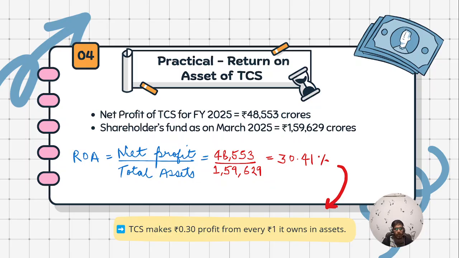So if I wanted to understand the profit earned by using those assets, it will be the net profit divided by the total asset, which is 30.41%. That means TCS is making around 30 paisa profit for every 1 rupee it owns as an asset. This is the practical example that we are taking.